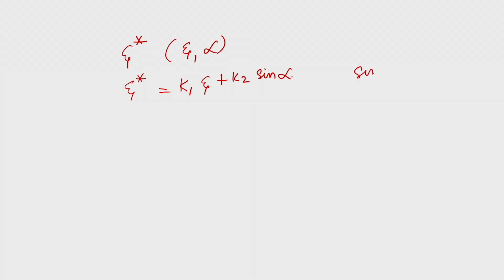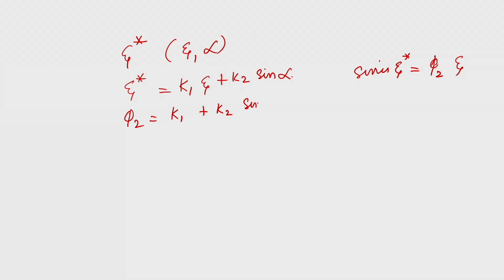Since earlier we have written epsilon star is equal to phi 2 into epsilon, from this relationship, if you divide by epsilon, we can get phi 2 is equal to K 1 plus K 2 into sin alpha by epsilon.